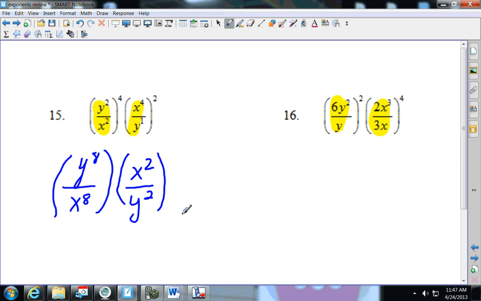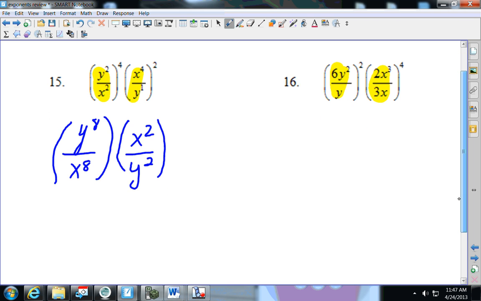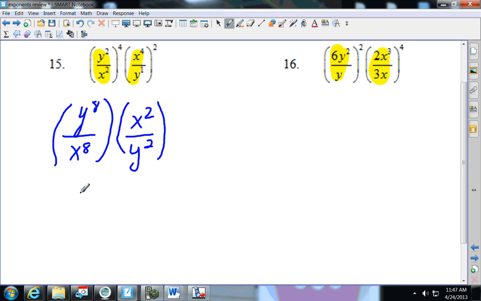Now, if I put these together, I end up just putting them together by having y to the eighth, x to the second, x to the eighth, y to the second. Okay. Wait, where's the second coming from? This is supposed to be x to the eighth, isn't it? All right, that's supposed to be an 8. There we go.